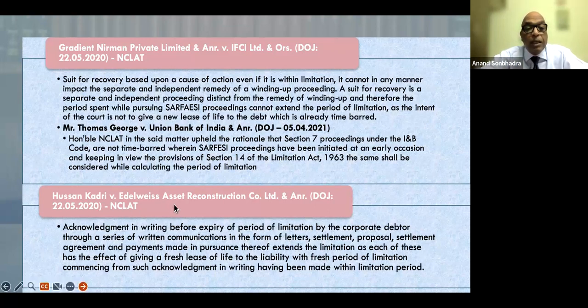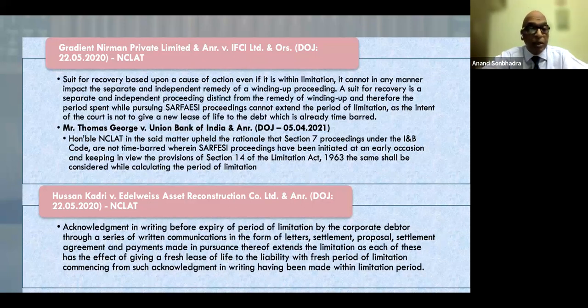Hussain Qadri versus Edelweiss Asset Reconstruction Company. Acknowledgement in writing before expiry of the period of limitation by the corporate debtor through a series of written communications in the form of letters, settlement proposal, settlement agreement, and payment made in pursuance thereof extends the limitation, as each of these has the effect of giving a fresh lease of life to the liability with a fresh period of limitation commencing from such acknowledgement in writing having been made within the limitation period.